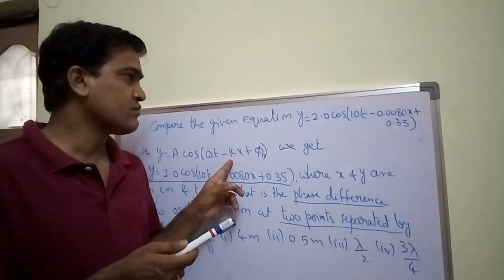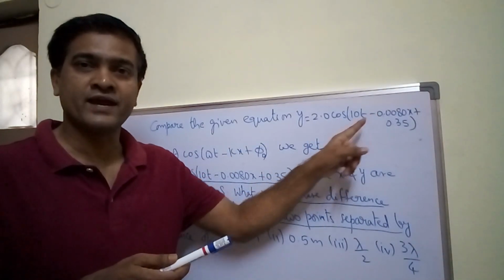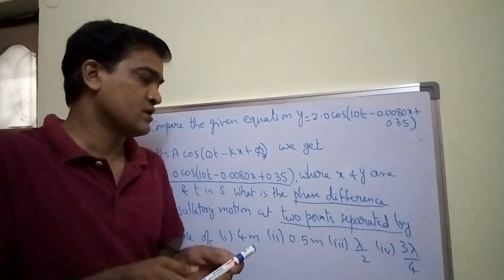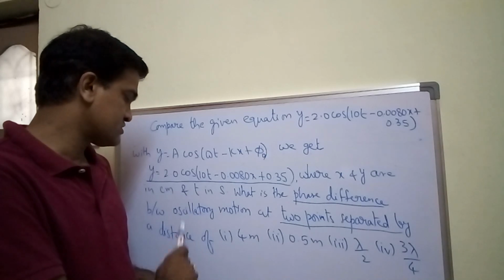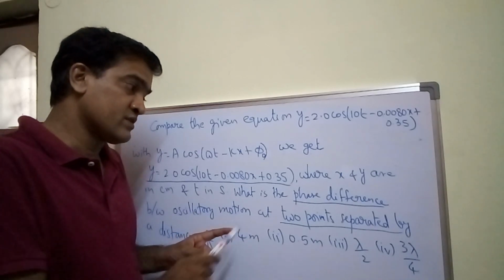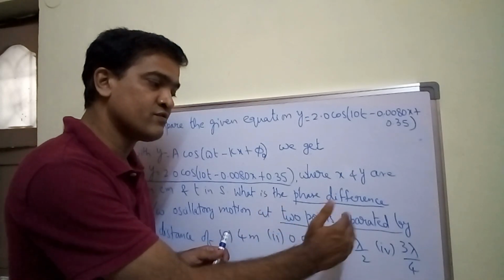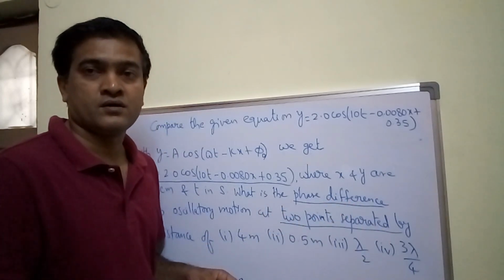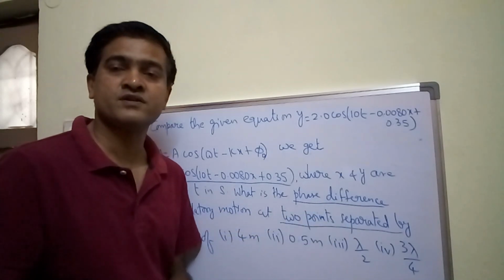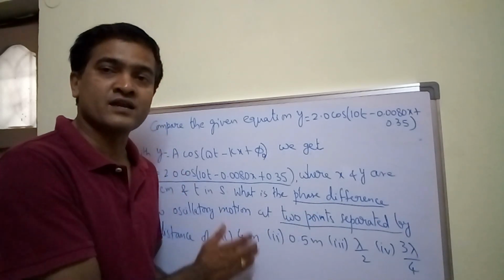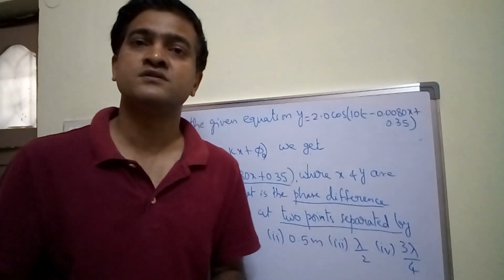And in place of k you have 0.0080. Now you have to find out the phase difference. Four different options for path difference are given. Individually calculate the phase difference for each path difference given, right? Can you try?